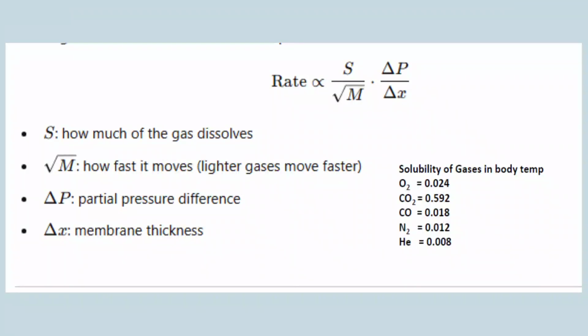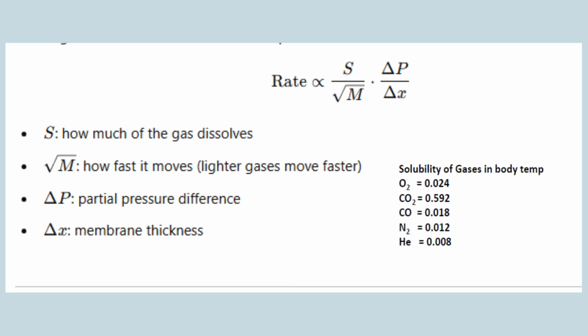Why? Because we know from Fick's principle that the diffusion rate depends on the diffusion coefficient times the pressure gradient divided by the thickness. This was the law. But this diffusion coefficient is determined by the solubility of the gas divided by the square root of its molecular weight.